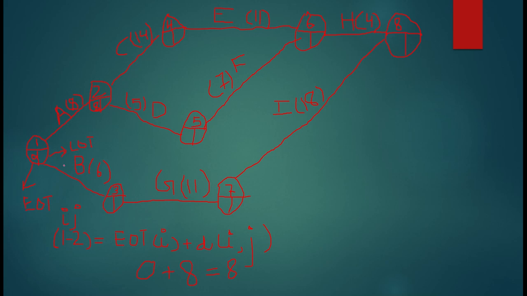Now again 0 plus 6. I'm going to apply the same formula for all the activities and events. So 0 plus 6 is 6. Then 8 plus 14 is 20.